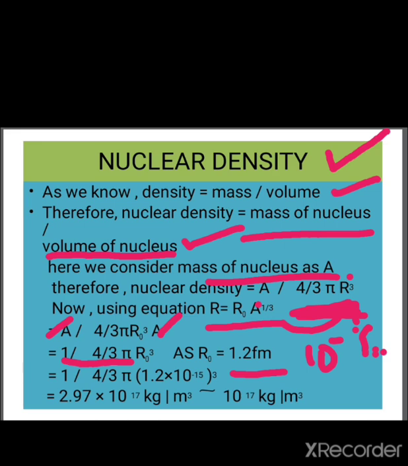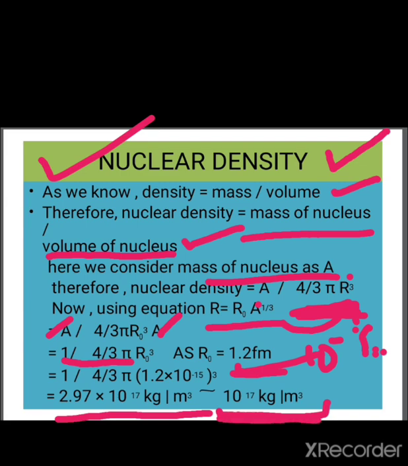After putting in all the values, we got 2.97 × 10^17 kilogram per meter cube, which is equivalent to 10^17 kilogram per meter cube. So we can say that our nuclear density is of the order of 10^17 kilogram per meter cube.